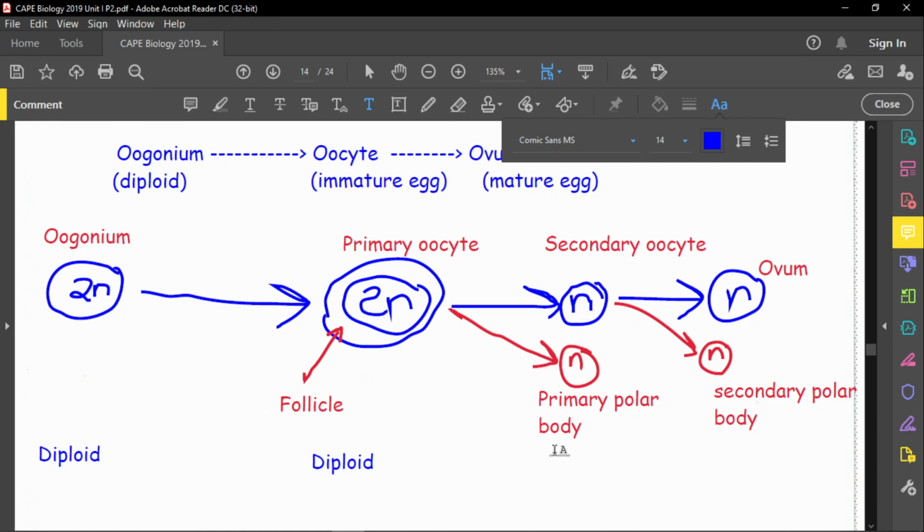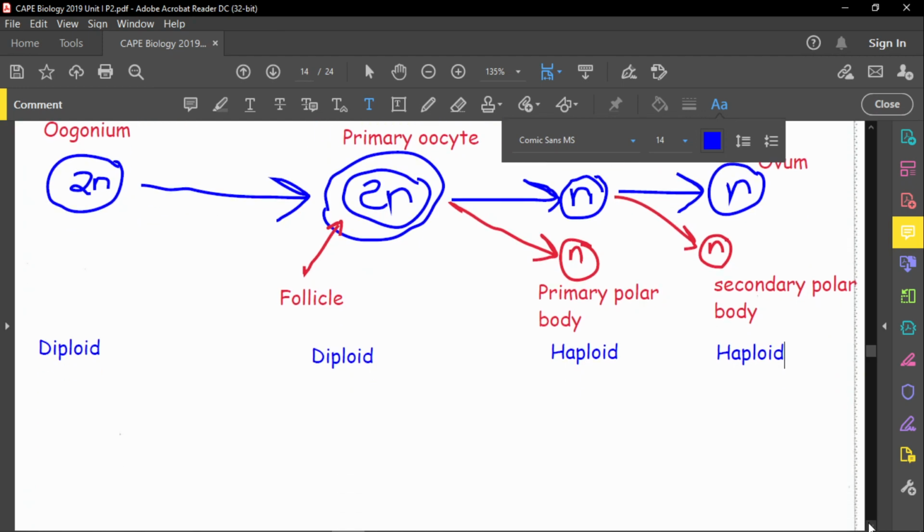And then it will eventually go into haploid cells. So these are haploid cells. So we have haploid cells after the primary oocyte. All right, so those are haploid. Again, we can also note that the primary oocyte will produce the secondary oocyte in meiosis 1, and then the ovum by meiosis 2. All right, and so we can also break that up into different sections of meiosis as well.